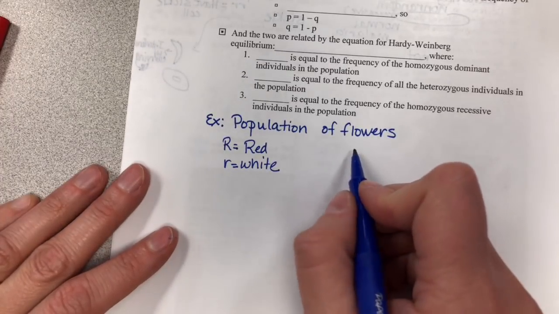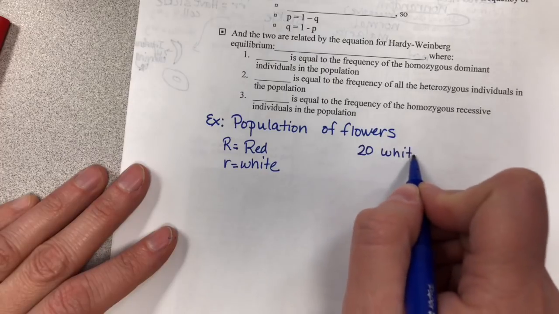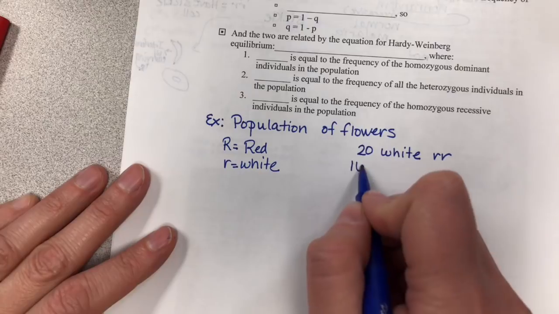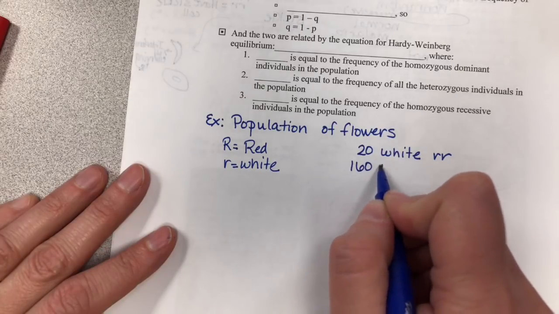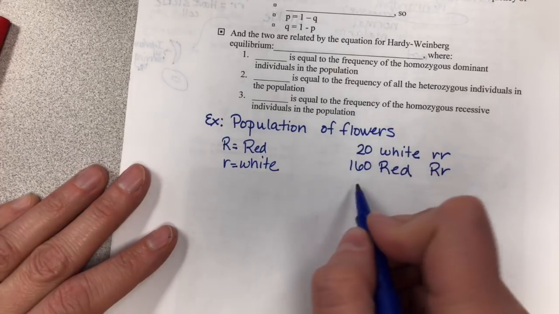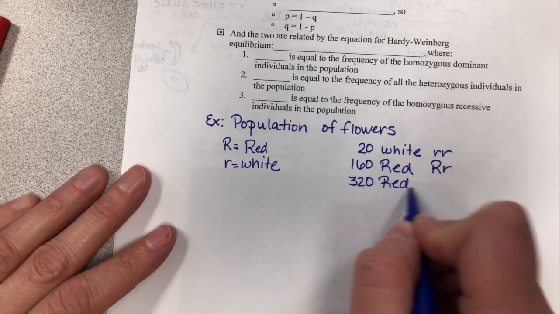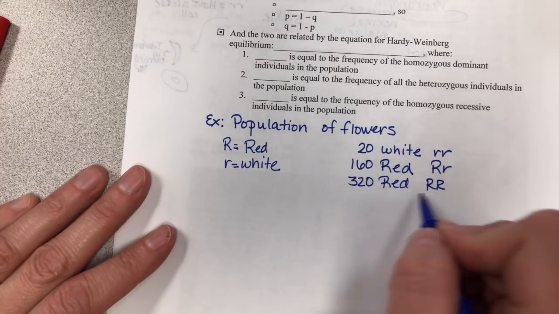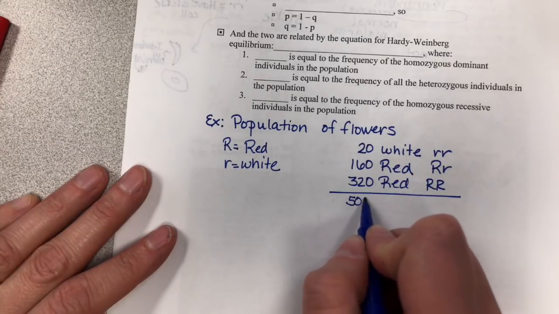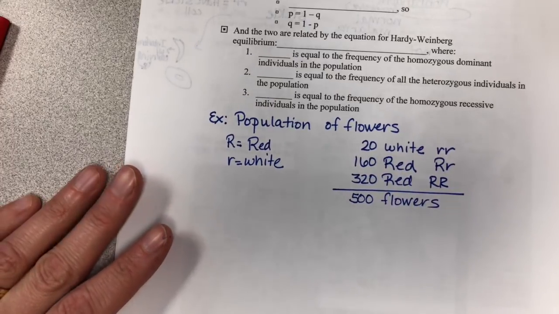Let's say 20 flowers are white, so they're little r. Let's say 160 of them are red and they're big R, little r, and 320 of them are red and they're big R. These guys look the same but have different genotypes. That gives you 500 flowers total, of red and white.